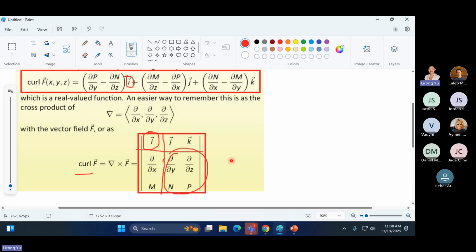So you have this partial combined with this, so that would be dP/dy, and you have this operator on this end, so the dN/dz is the same. Like a determinant of the matrix, multiply and subtract. So we cross combine and then subtract. So you have dP/dy minus dN/dz. That's for x, that's for i, the first component.